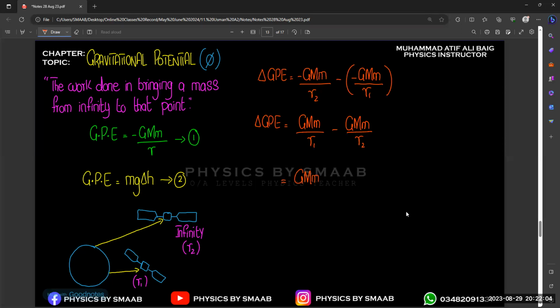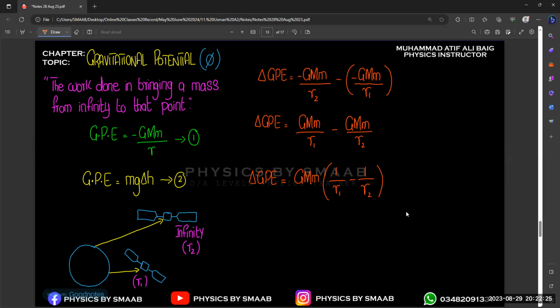And after taking common, it will be 1 over r1 minus 1 over r2, right? Any confusion? No. So this is the difference of the distances.